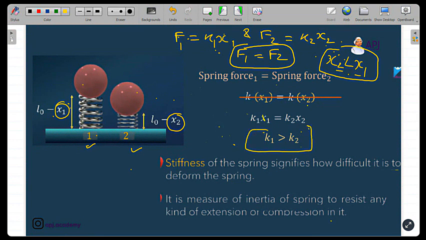You can conclude that the spring constant of spring 1 must have been greater than the spring constant of spring 2. ठीक है, क्योंकि देखो, x1 तो उल्टा लिख दिया मैंने, ये मैंने उल्टा लिख दिया, x2 ज्यादा है, my mistake, एक सेकंड, तो मैंने उल्टा लिख दिया.